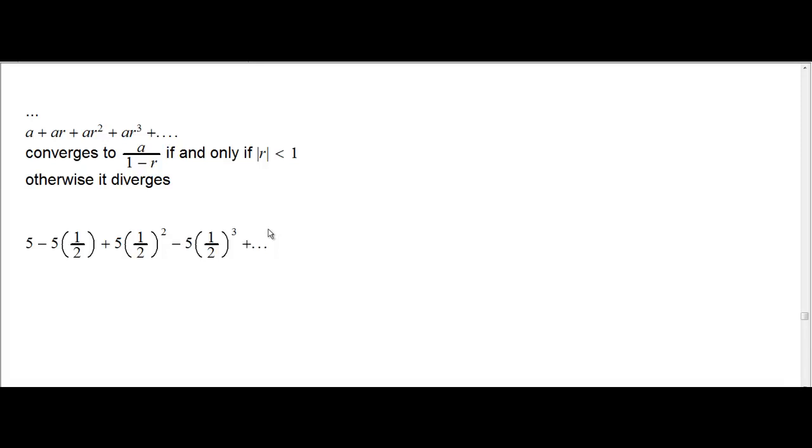So it's going like this. What is r here? Compare the two. This is changing, negative and positive. Right, the sign is changing. So r is the coefficient. r is this value here.